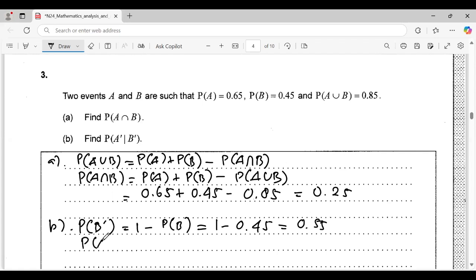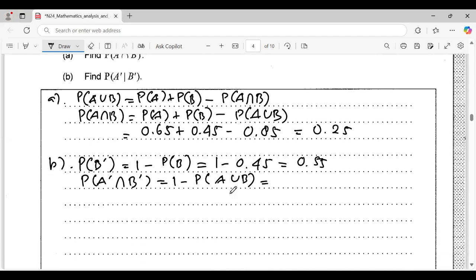After that, probability of A complement intersection B complement equals 1 minus probability A union B, according to De Morgan's law. So it becomes 1 minus 0.85, and the result is 0.15.